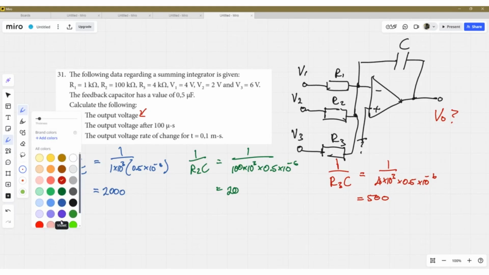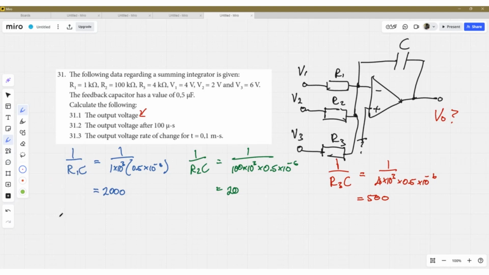So you can actually write it now. If we do the integral, we've actually simplified this formula a little bit. That's now essentially minus 2,000 times the integral from 0 to t, just imagining 1 over R1C there.